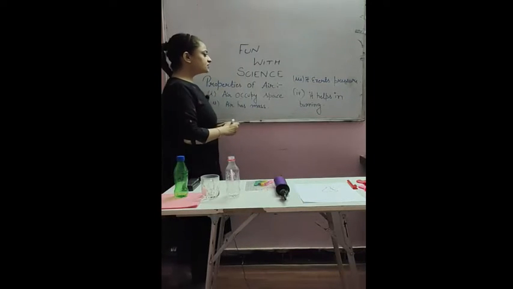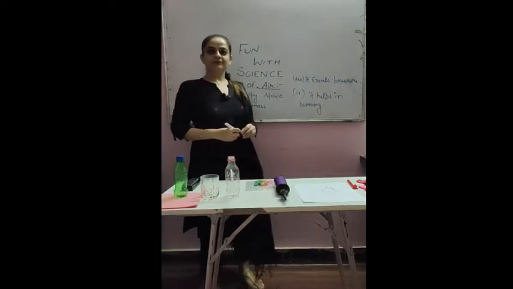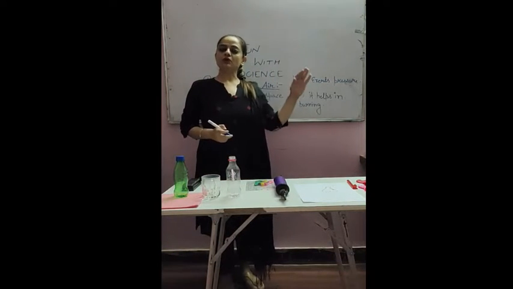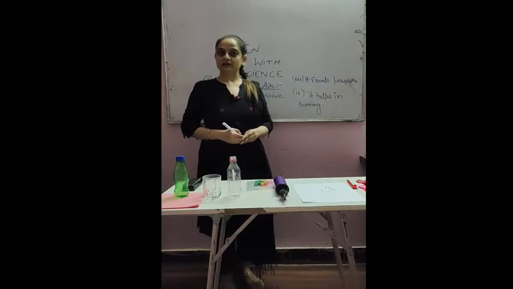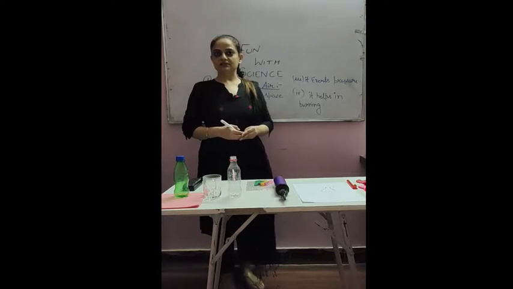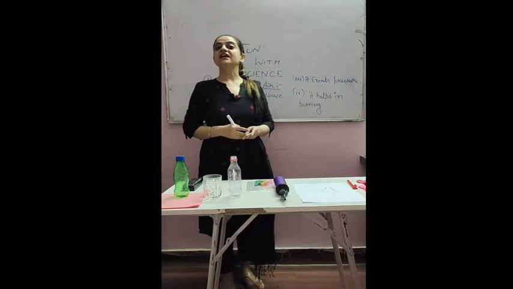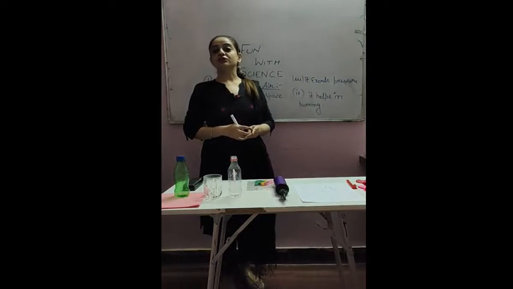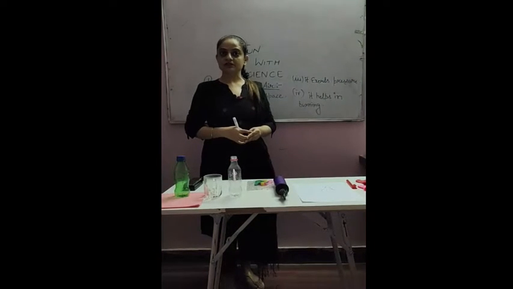Okay, children, first of all, you all know about air. Air is present all around us in the form of a blanket. Air has certain properties: it occupies space, it has mass, and it is essential for the burning of things.